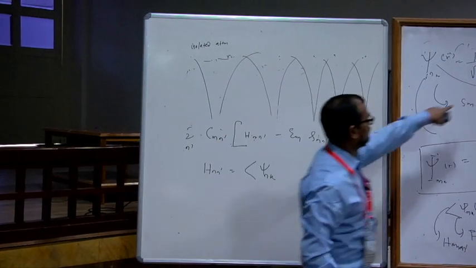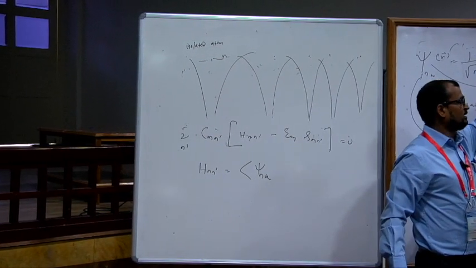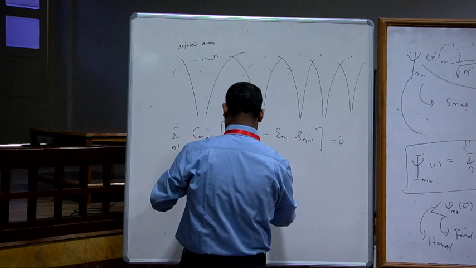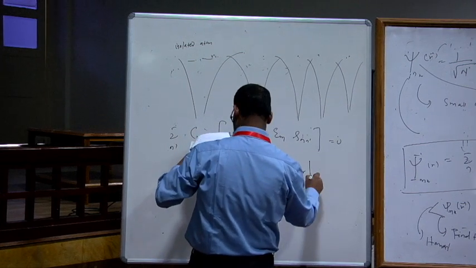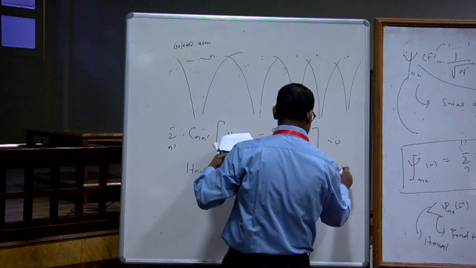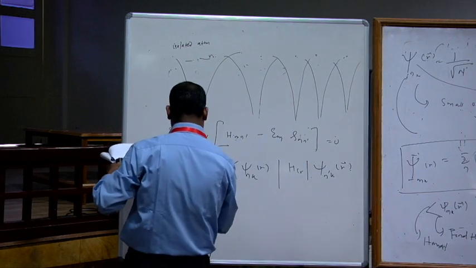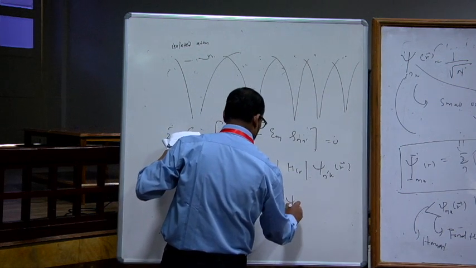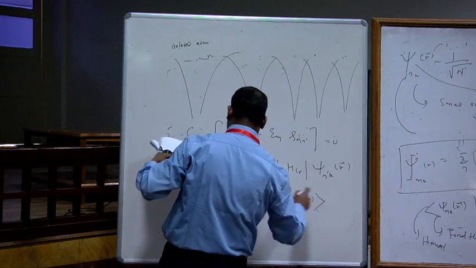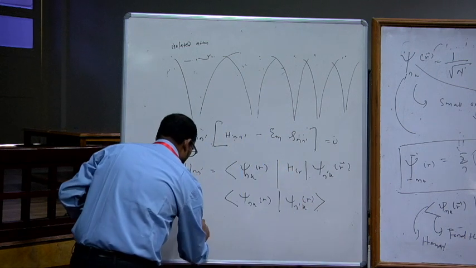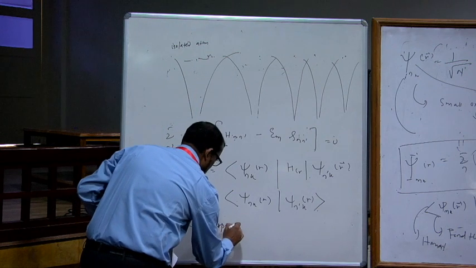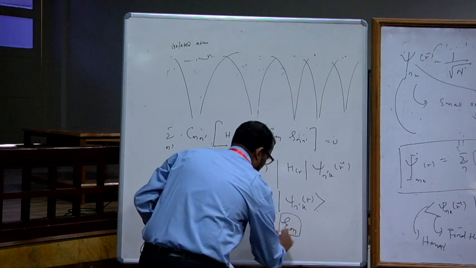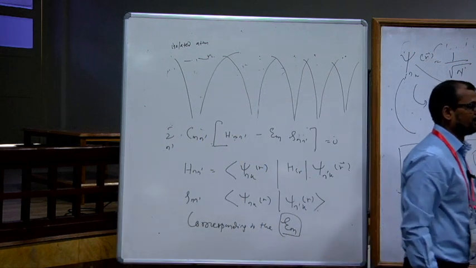To recall, the psi_nk we built out of the atomic orbitals psi_n atomic (r): H_nn' is psi_nk, H crystal, psi_n'k. Similarly, S_nn' is psi_nk with psi_n'k, and corresponding to the eigenstate, eigenvalue E_n. So this is my eigenvalue.